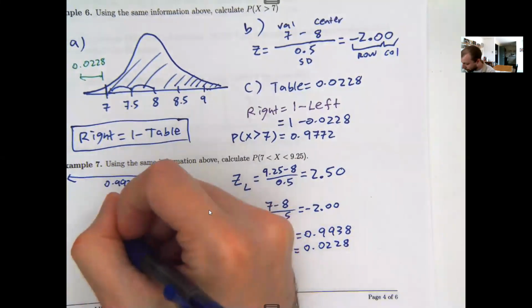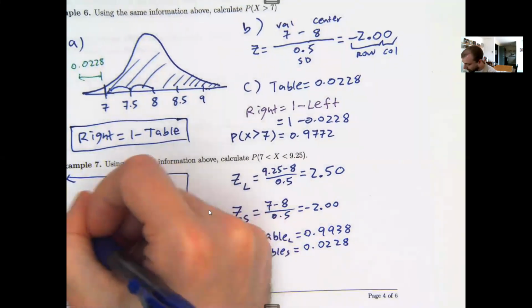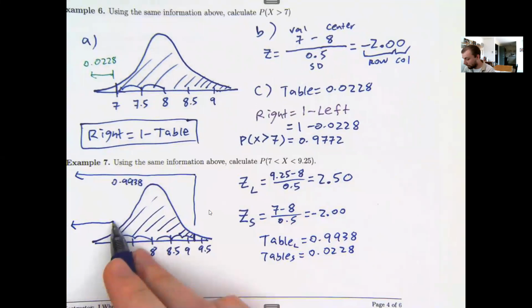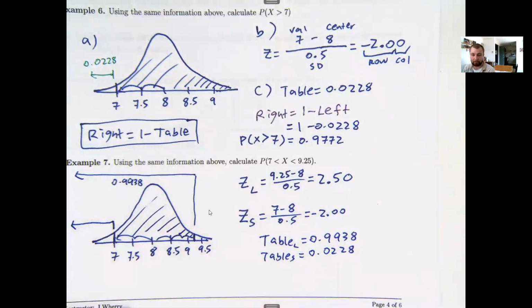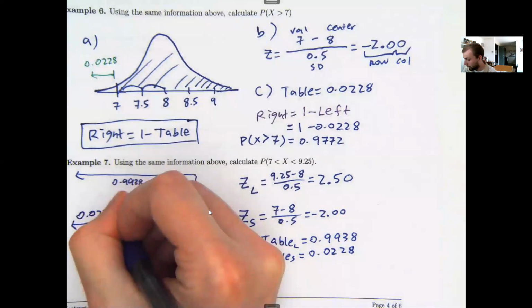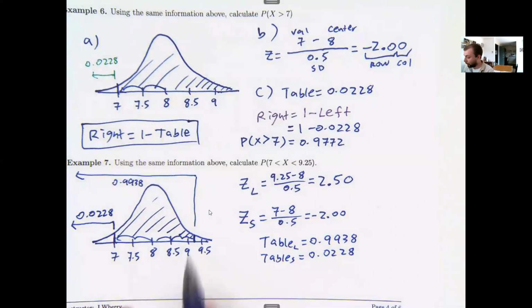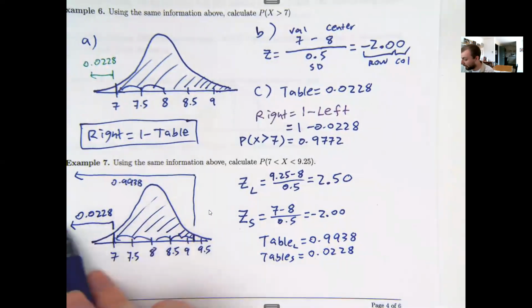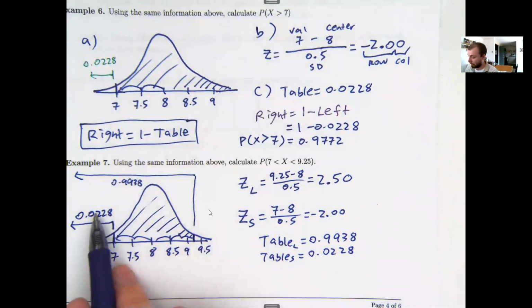So I am overcounting by the amount that I have in this value to the left. That amount is this 0.0228. So 99.38 is too big, and it's exactly too big by 0.0228.